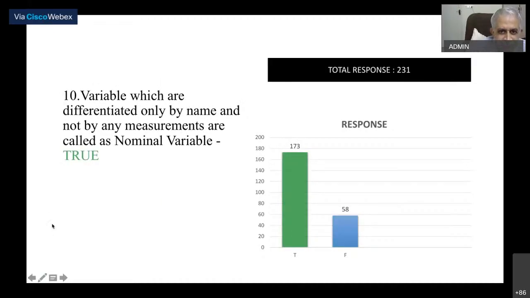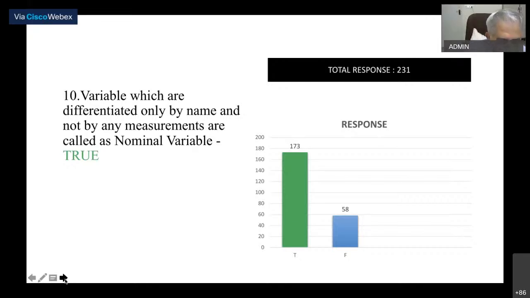10. Variables which are differentiated only by name and not by measurements are called nominal variables. So I think that is correct, and the majority of people have got it correct. So nominal, ordinal and binary, different types of variables are there. Binary is when you get two answers, yes or no, or this or that.